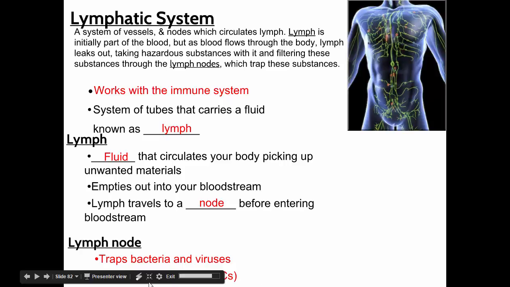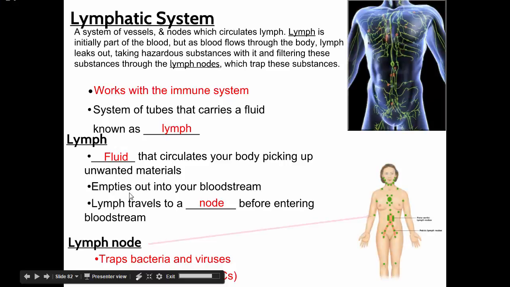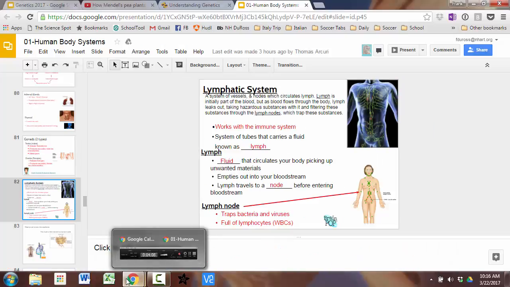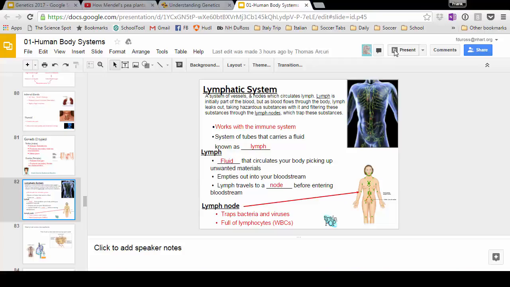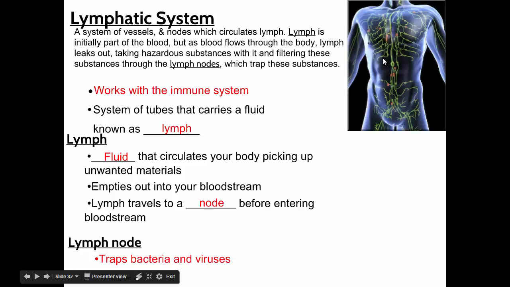So our lymph nodes are full of special cells called lymphocytes. That's what that says. Full of lymphocytes. It's spelled like lymph, then O-C-Y-T-E-S. These are special types of white blood cells that help destroy pathogens, bacteria, things like that.